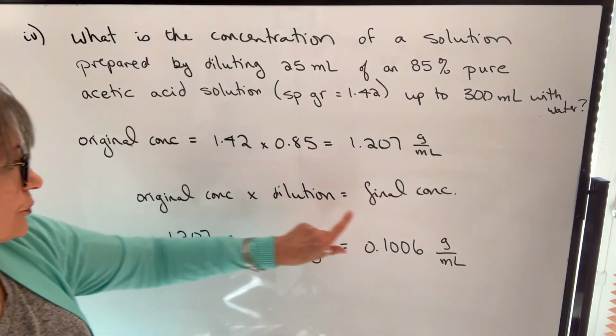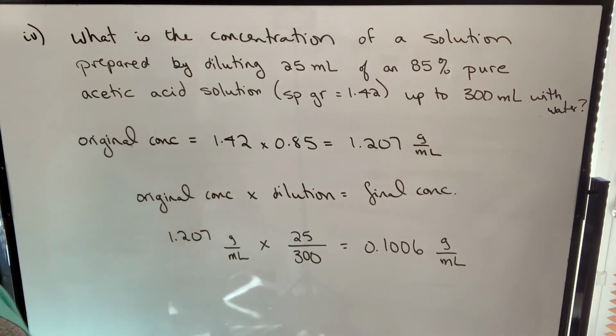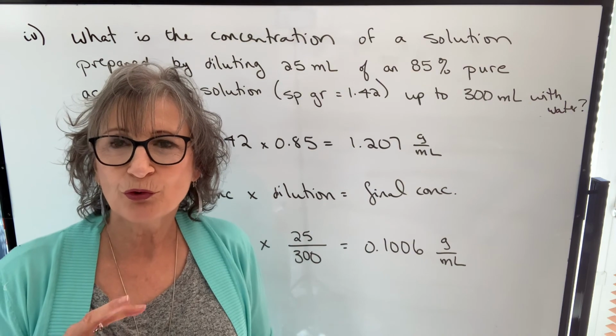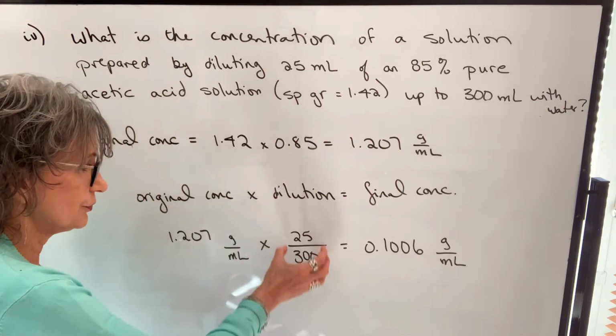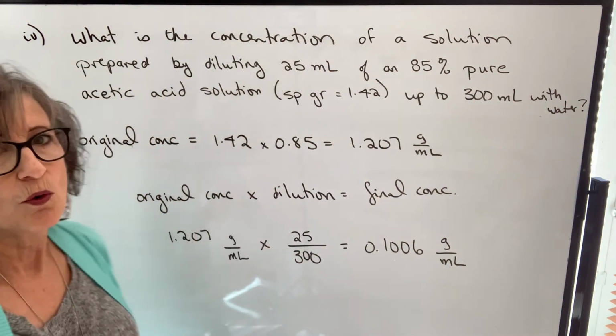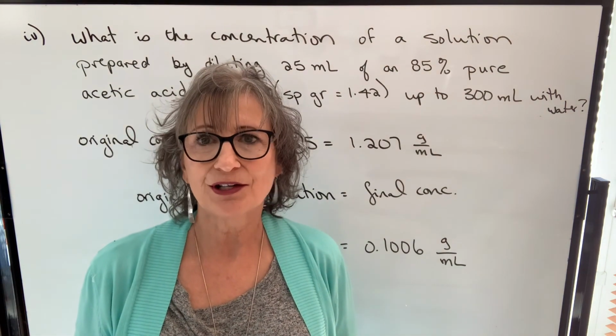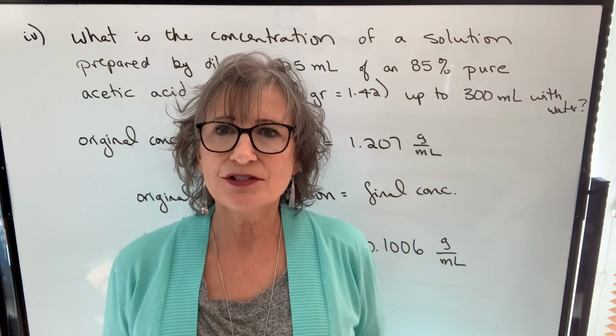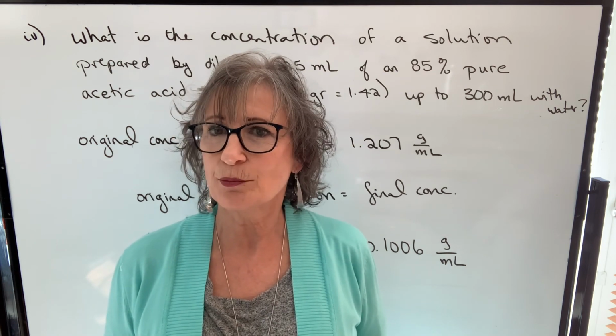And my final concentration will be in the very same unit as the original concentration. So you can do this question both ways. When you know both volumes, you can do it as a dilution using this formula, or you can always rely on C1V1 equals C2V2.